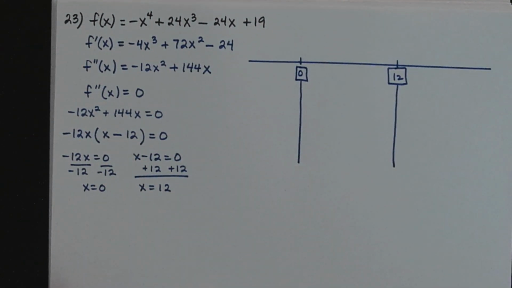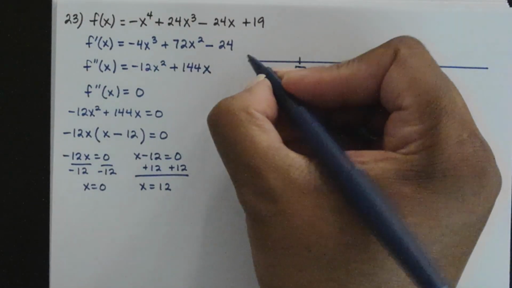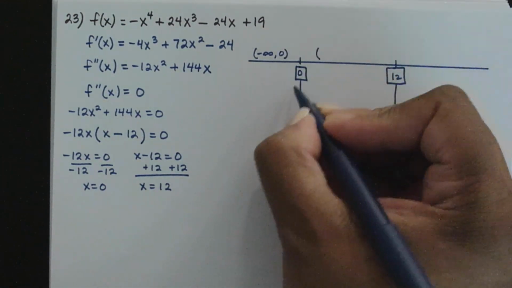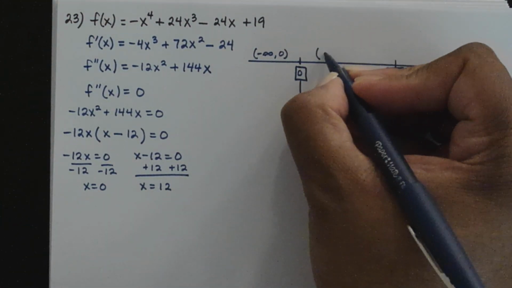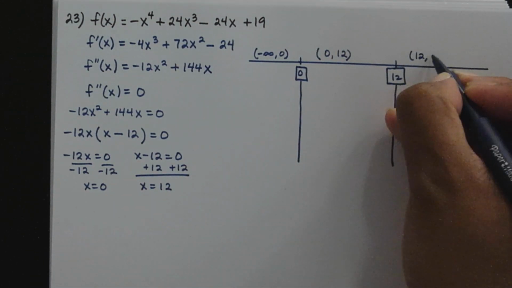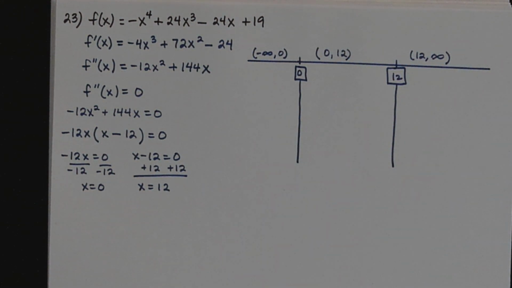We get 3 different intervals: from negative infinity up to 0, then from 0 to 12, and then from 12 to infinity. On each interval, I will pick a test value to determine whether it's positive or negative. If it's positive, the graph will be concave upward. If it's negative, it's going to be concave downward on that interval.